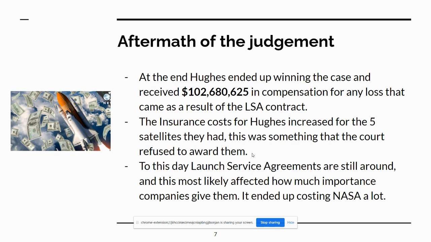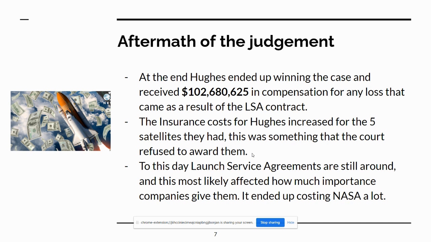The aftermath of the judgment. At the end, Hughes ended up winning the case, and they received $680,625. This was all the compensation that came from the contract.